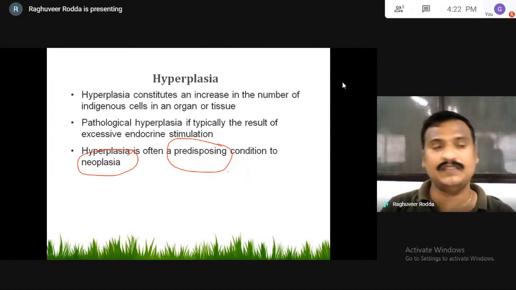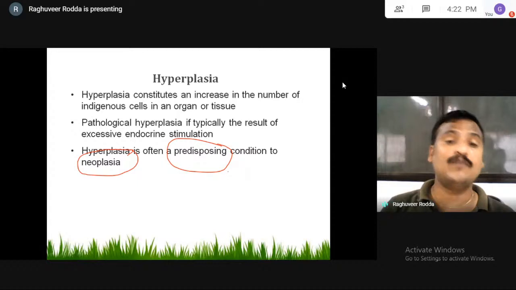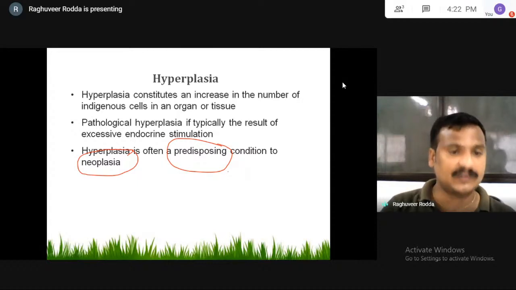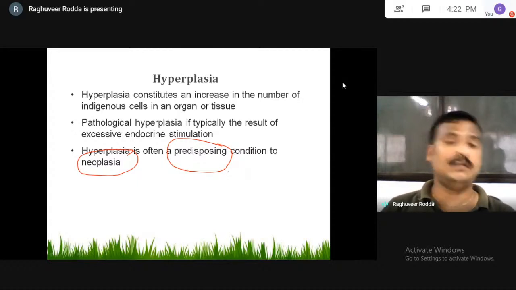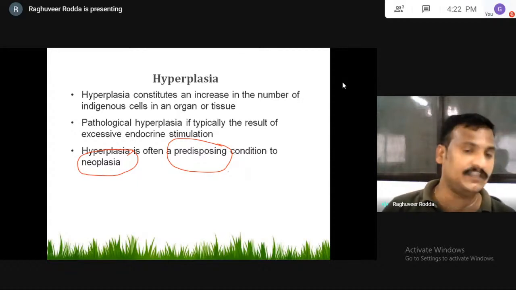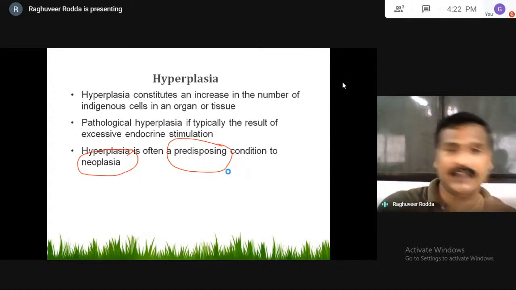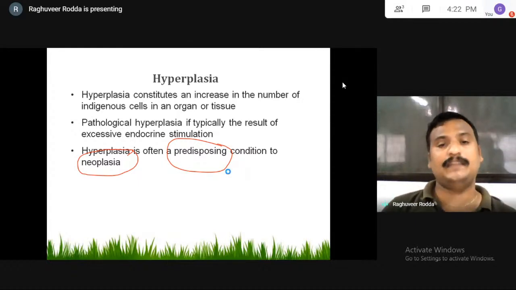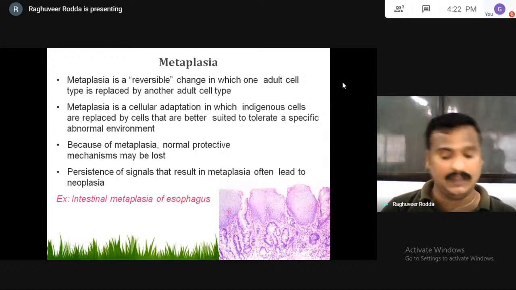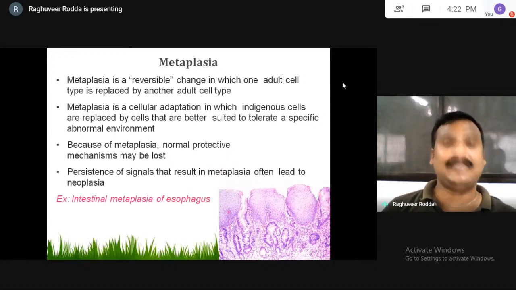Neoplasia means the production of newer or abnormal numbers of cells, which is one of the characteristic features of the cancerous condition. So whenever the number increases, that condition is called hyperplasia. Come to the next one, called metaplasia.